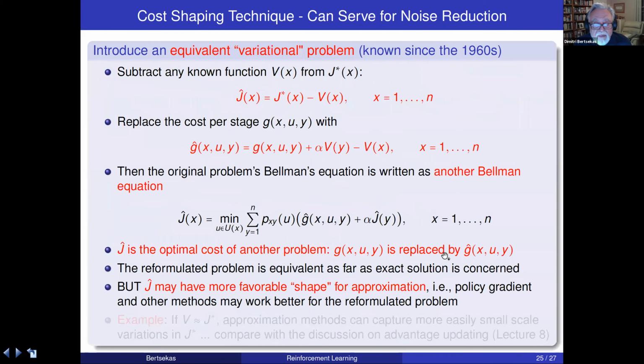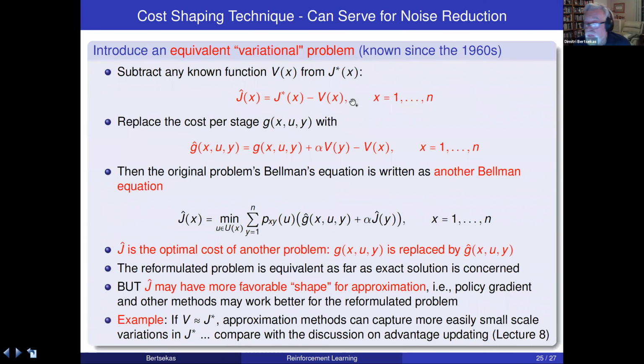So that's relatively simple, but the question of how do you choose the baseline is very tricky. One rationale, the most common rationale, I think, argues for choosing V to be close to J star, okay? So the range of this J hat here is relatively small, which is convenient and useful for approximations. So suppose that you have some policy, some good policy, okay?